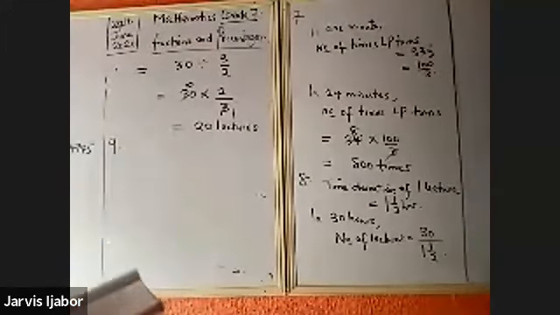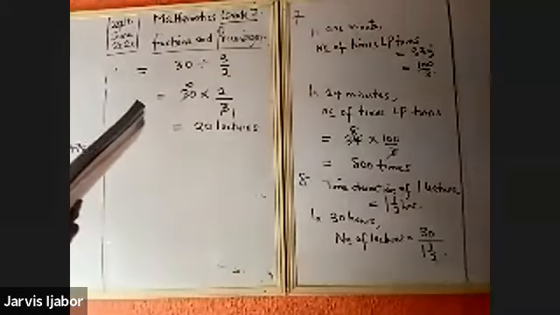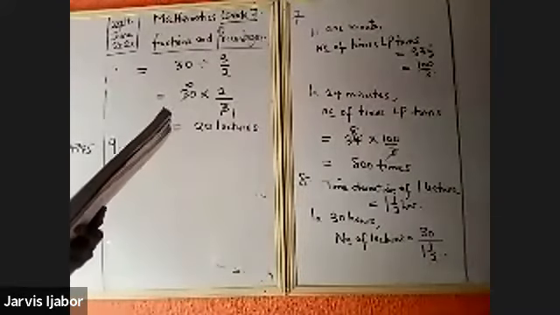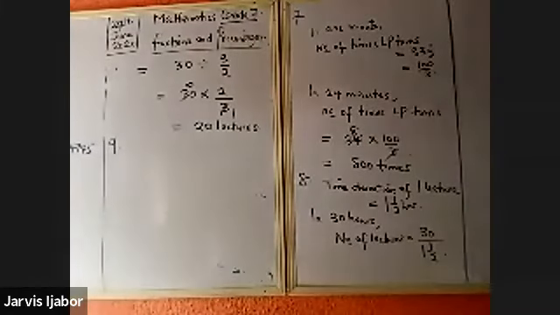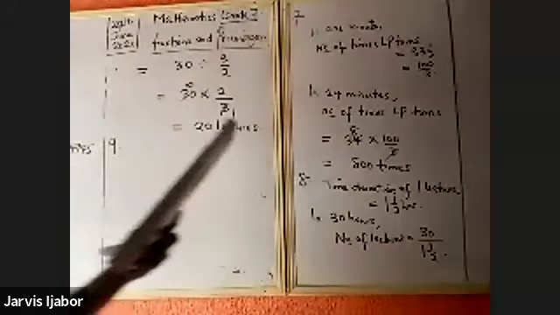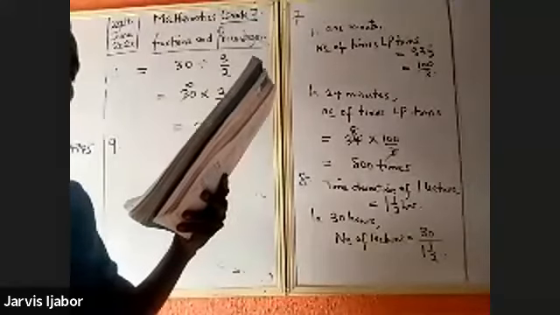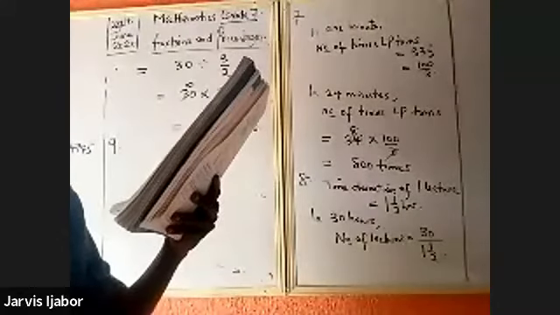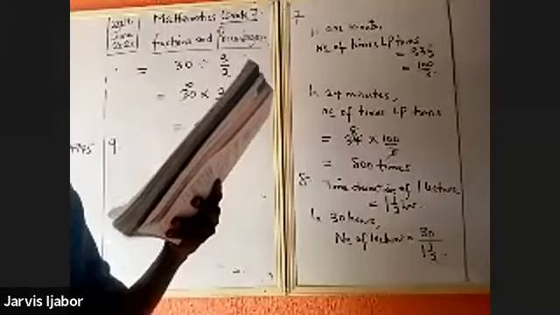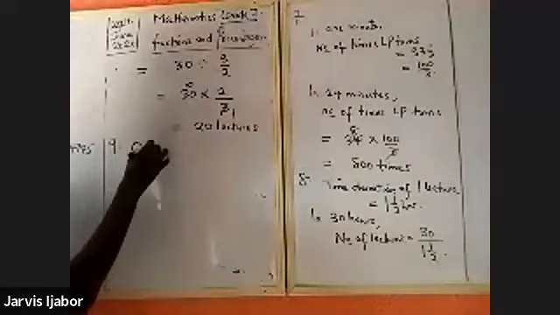In question 9, some goods are sold for 2/5 of the original price. What will be the selling price of a t-shirt originally costing 850 naira? So the original cost is equal to 850 naira.